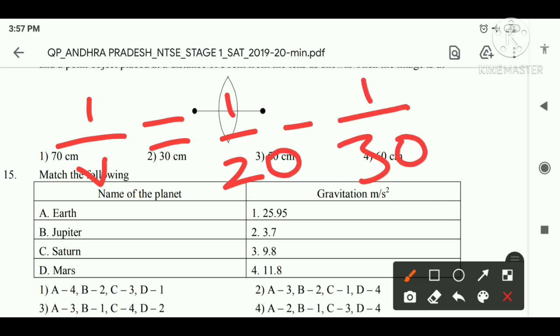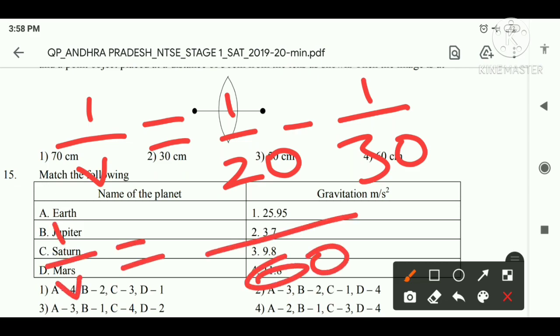I take the LHS term to the right side, so the sign will change. Now take the LCM of these two. 1 by v is equal to, LCM is 60, so 3 times 20 is 60, put 3 here, and 2 times 30 is 60, put 2 here.